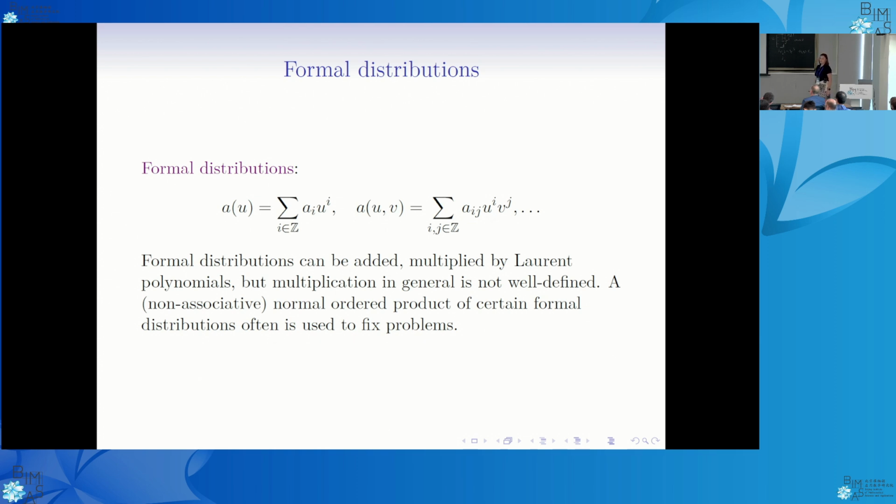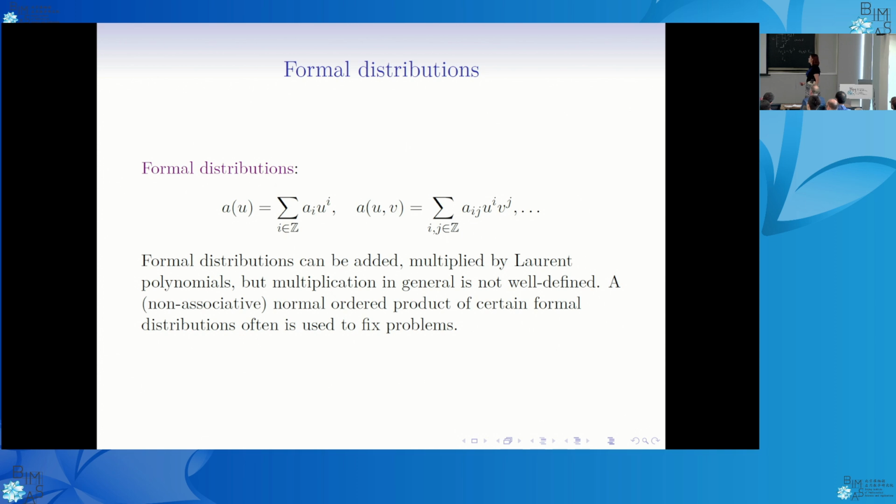But in general, if we try to multiply two formal distributions, we may run into problems because it will not be well defined. Still, in some cases we have very nice situations where formal distributions can be multiplied. This is used quite a lot in, for example, vertex algebras.